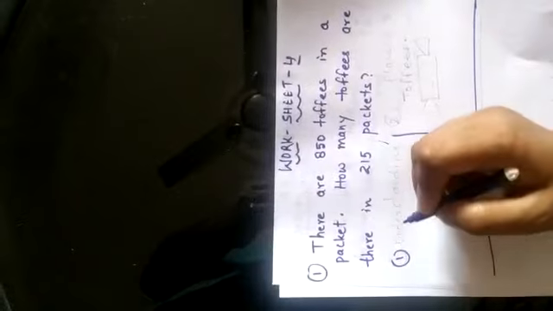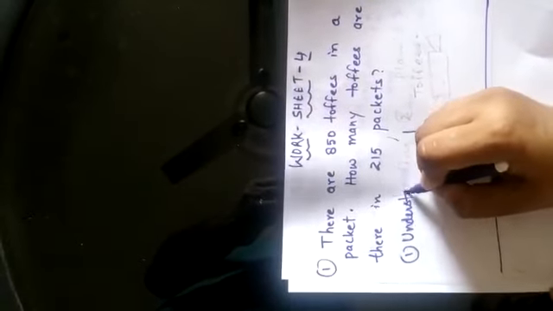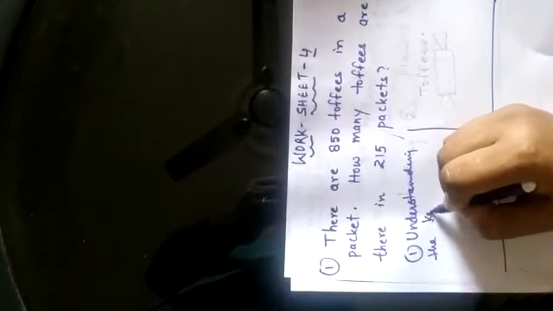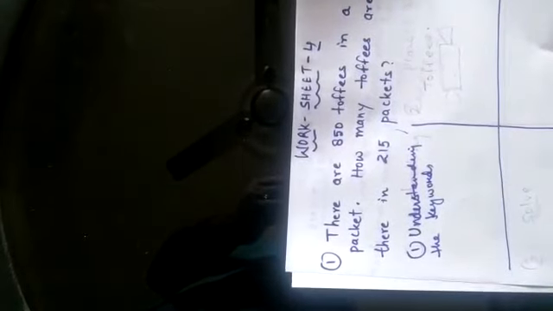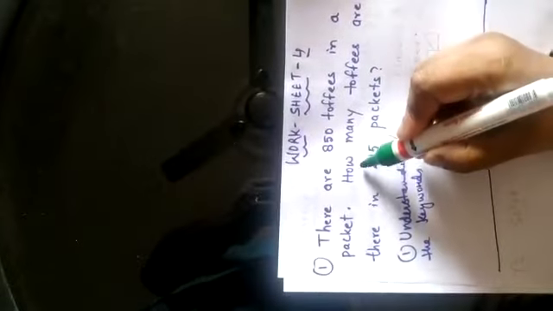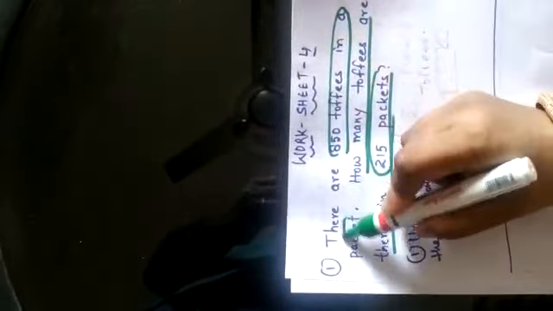So the first step is understanding the problem's keywords. Here, children, the main keywords are: how many toffees are there in 215 packets, and 850 toffees are in a packet.